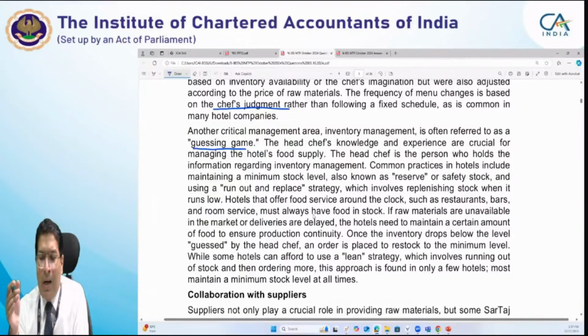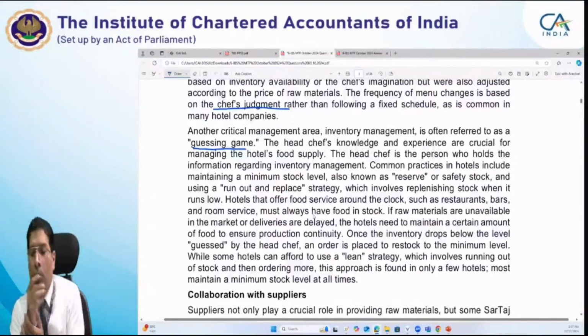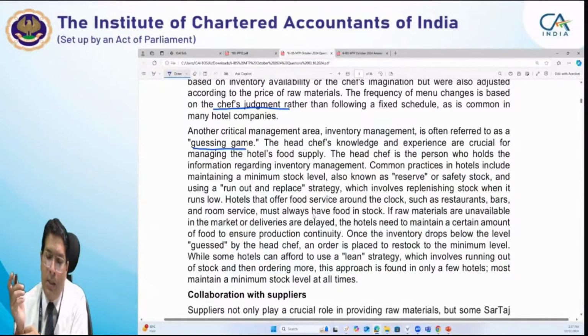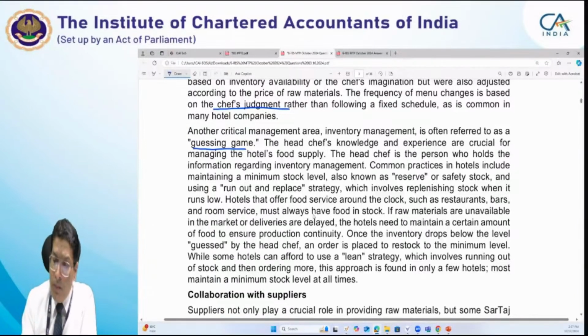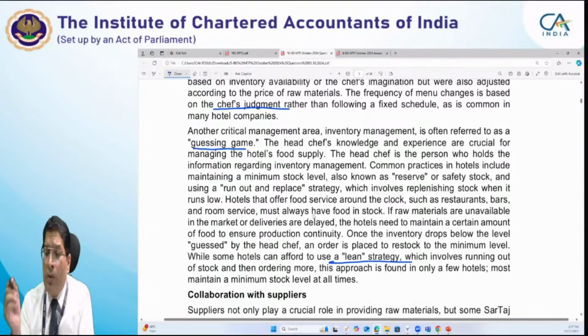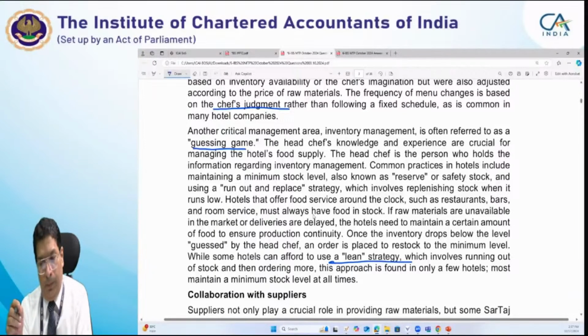If raw materials are unavailable in the market, or deliveries are delayed, the hotel needs to maintain a certain amount of food to ensure production continuity. Once the inventory drops below the level gauged by the head chefs, an order is placed to restock to the minimum level. While some hotels can afford to use a lean strategy, which involves running out of stock and then ordering more.